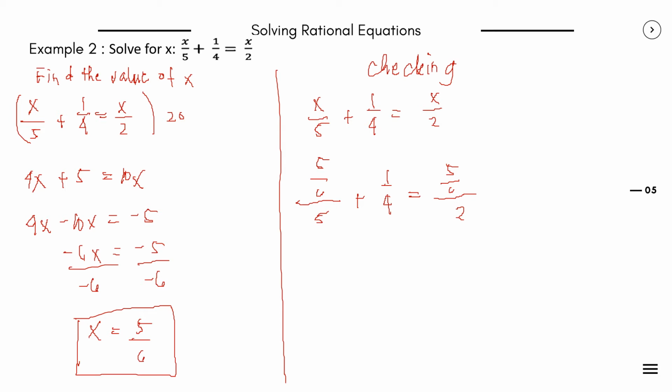Pag simplify po, kada fraction tayo. Ito yung muna yung i-simplify natin. Mag-separate solution ako. So, 5 over 6 over 5. We know, since fraction indicates division, i-divide natin yung numerator sa denominator.